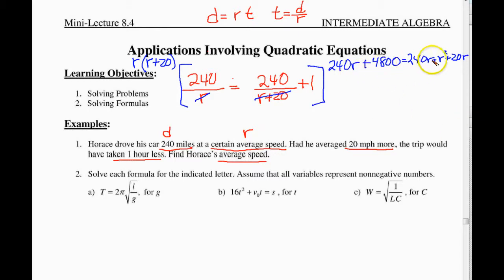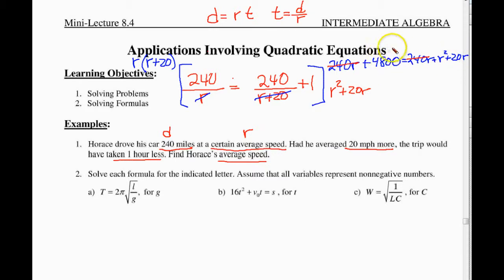Okay. Now, an interesting thing happens. When I want to get all of my terms on one side and equal this to a 0, this just subtracts right out here. And now I'm just going to put everything over on this side here. So this is r squared plus 20r, this.